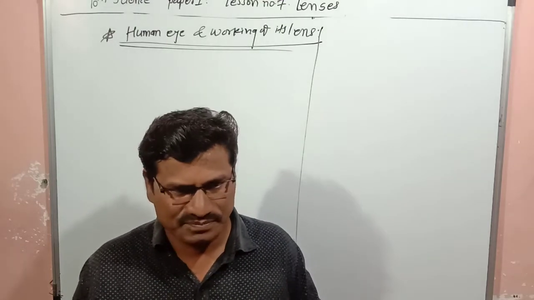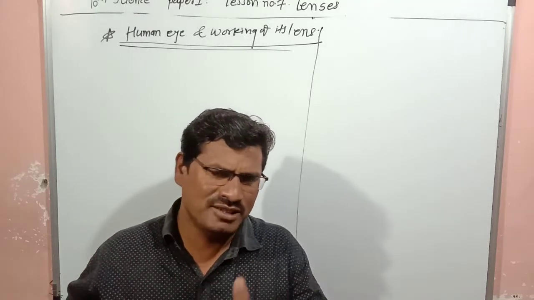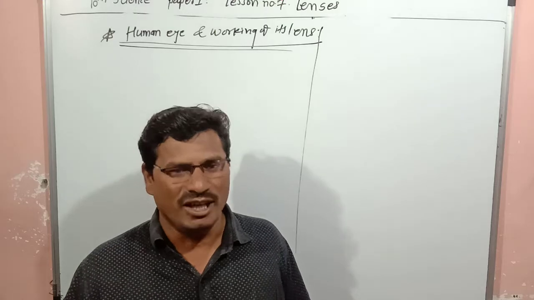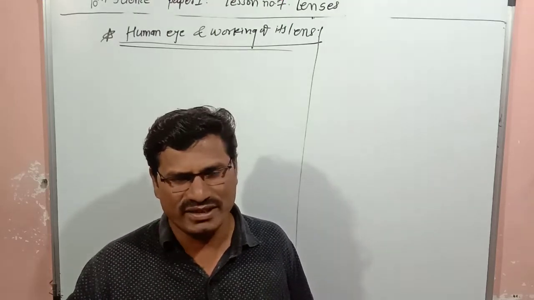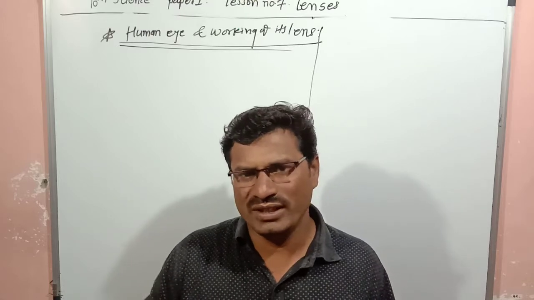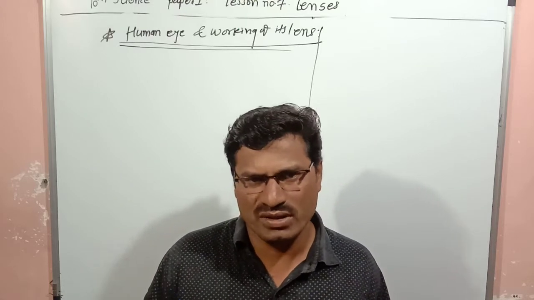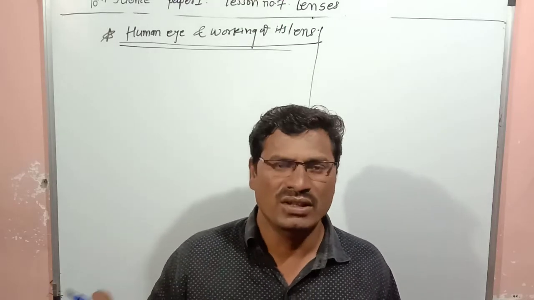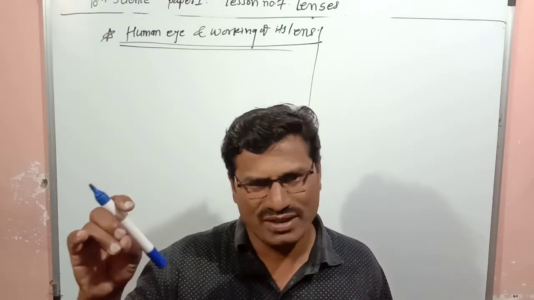After the lens, the next part, at the back inside the eyeball, is the retina. On the retina, light rays are converged and the image is formed. Behind that are the optic nerves.